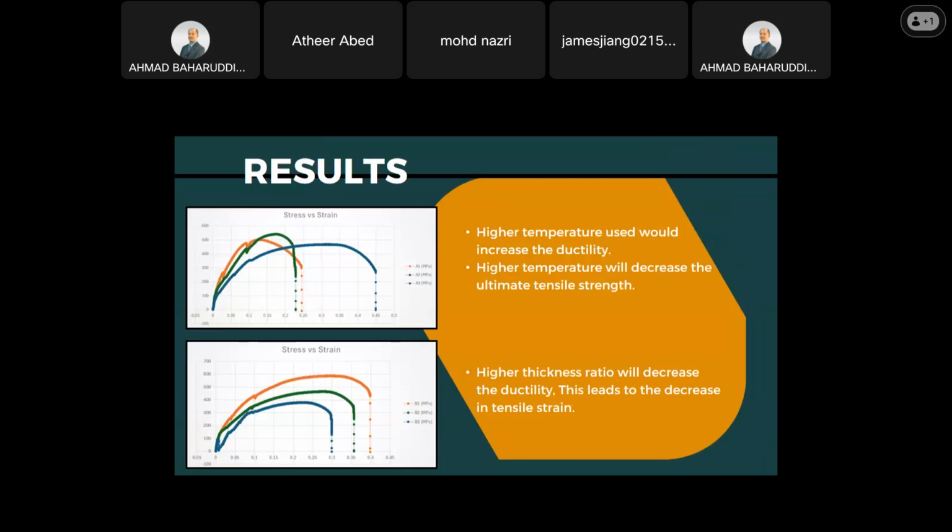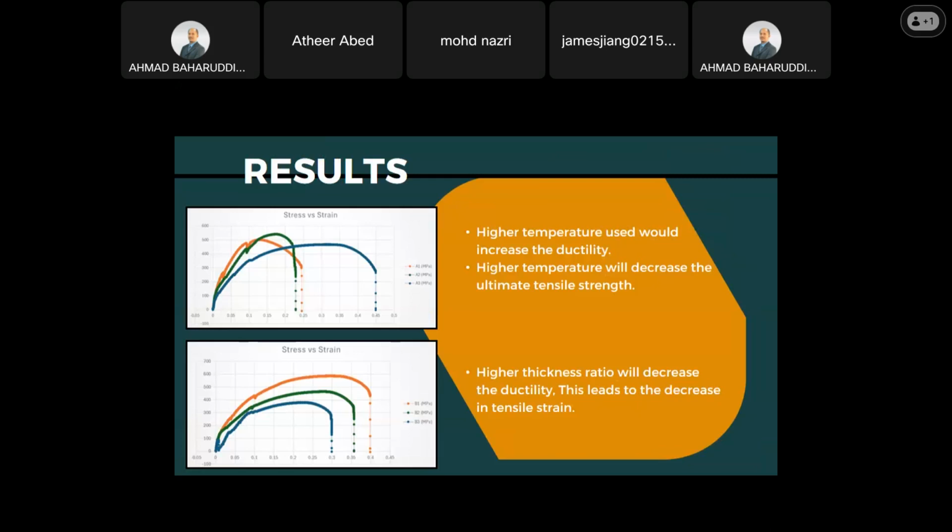This is a stress strain curve. The strain has increased here until here, where it eventually breaks. Then A1, being 500 degrees Celsius, breaks around here. So it has proven that a higher temperature used on the hot forging process on the specimen would increase the ductility. And the next being B1, B2, B3.